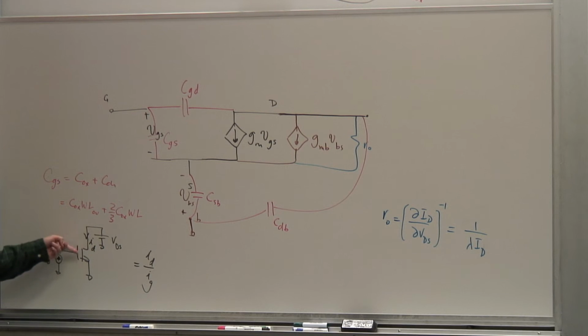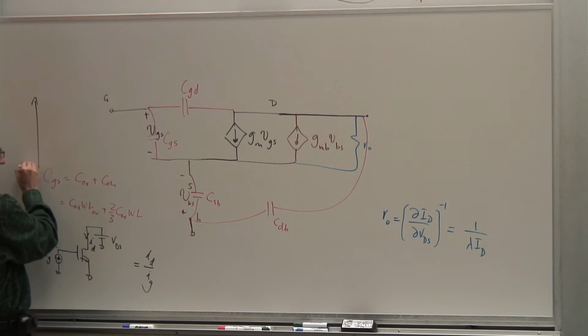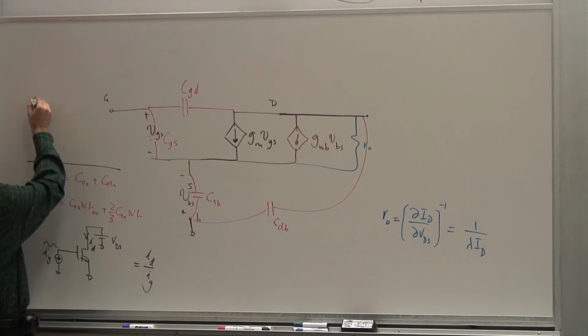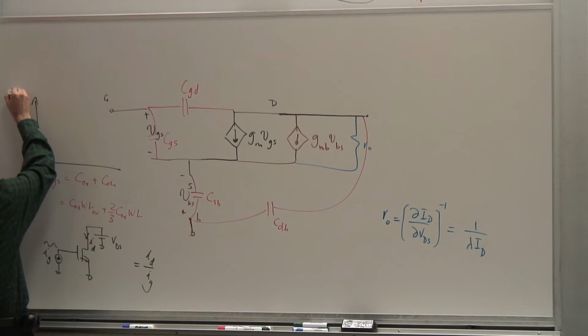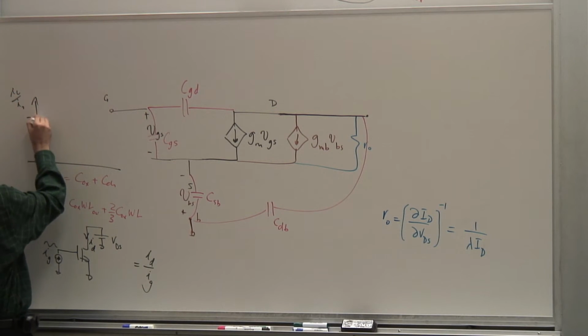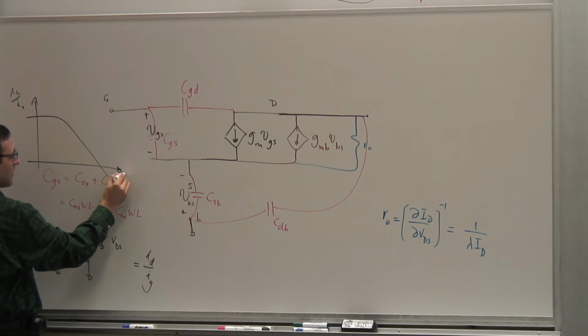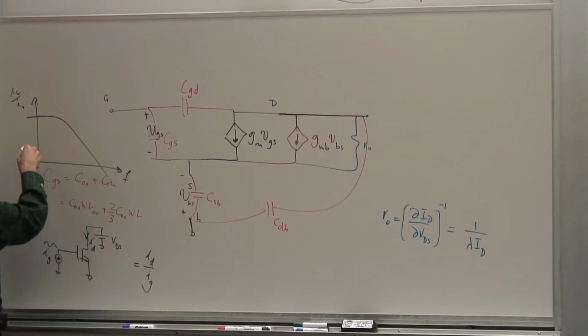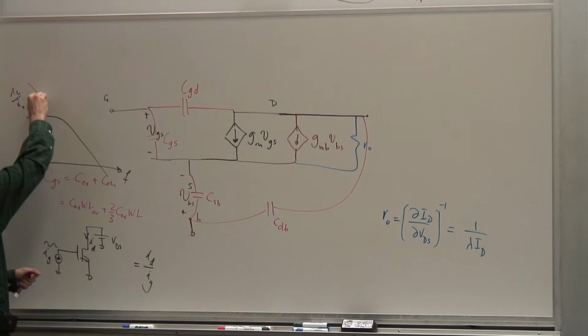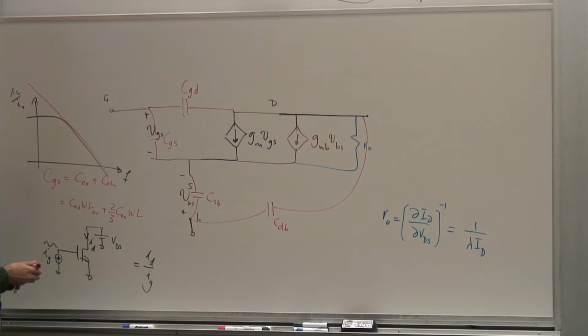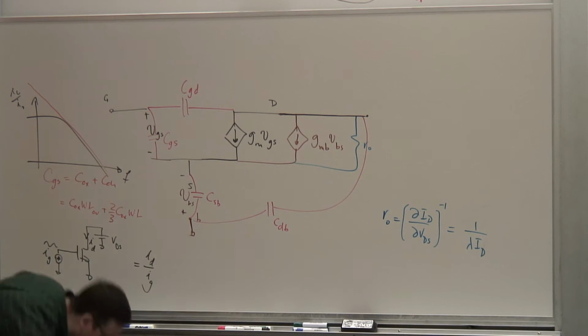With 0 IG, you can use a finite ID. Because it's just a capacitor at very low frequencies. So, unlike the bipolar transistor, where if you plotted IC over IB, you had a behavior like this versus log frequency, for MOSFET, it never reaches a plateau. So for MOSFET, it kind of looks like that on a log plot.